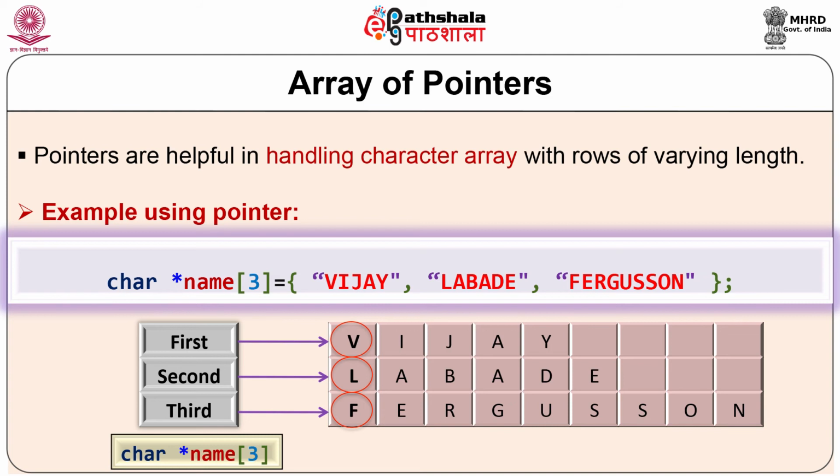In this we are using 3 different strings like Vijay, Labde and Ferguson. So, the first string is Vijay and the first letter is V. Similarly, in the second string the first letter is L and in the third string the first letter is F. So, this way you can define an array using pointer.